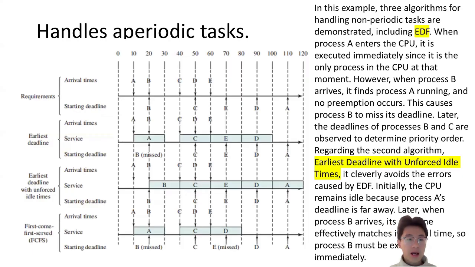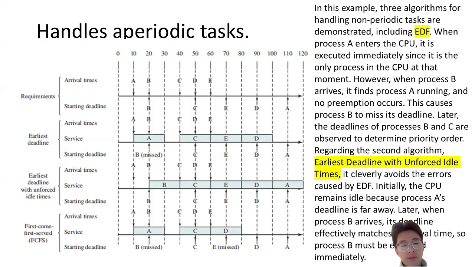Okay, about the last part, it handles aperiodic tasks. About this part, I use an example from the textbook. You can see it shows three process scheduling methods: earliest deadline, earliest deadline with unforced idle times, and FCFS.